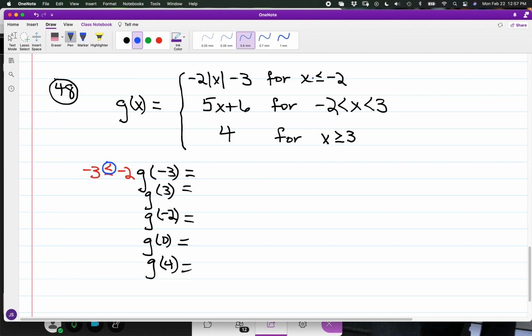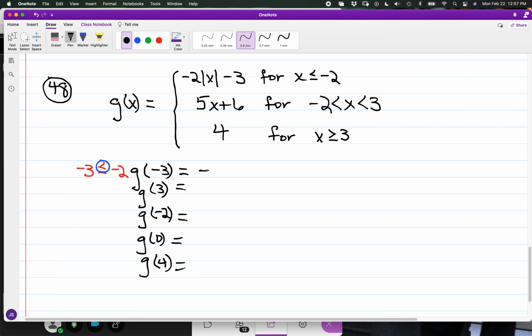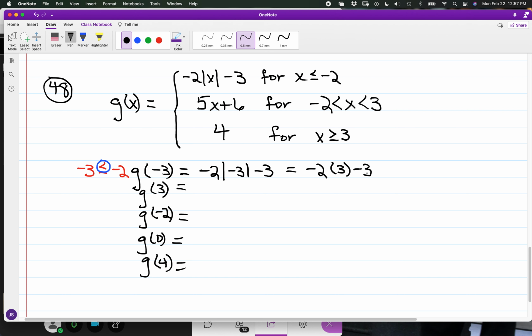So this will apply to the first inequality, and the corresponding function portion is -2 times the absolute value of -3, followed by the subtraction of 3. Now the absolute value of -3 is a positive 3. -2 times 3 is -6, and -6 minus 3 comes out to -9.